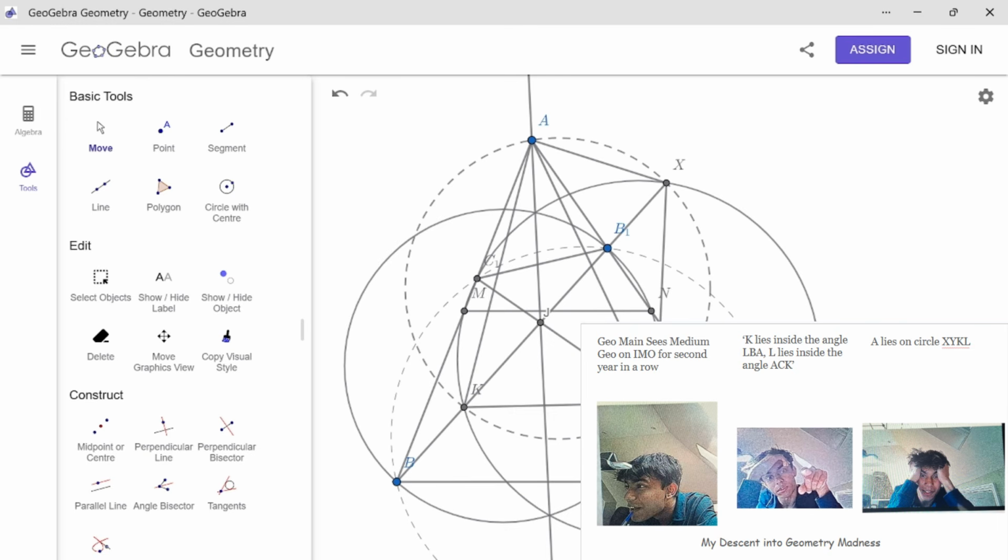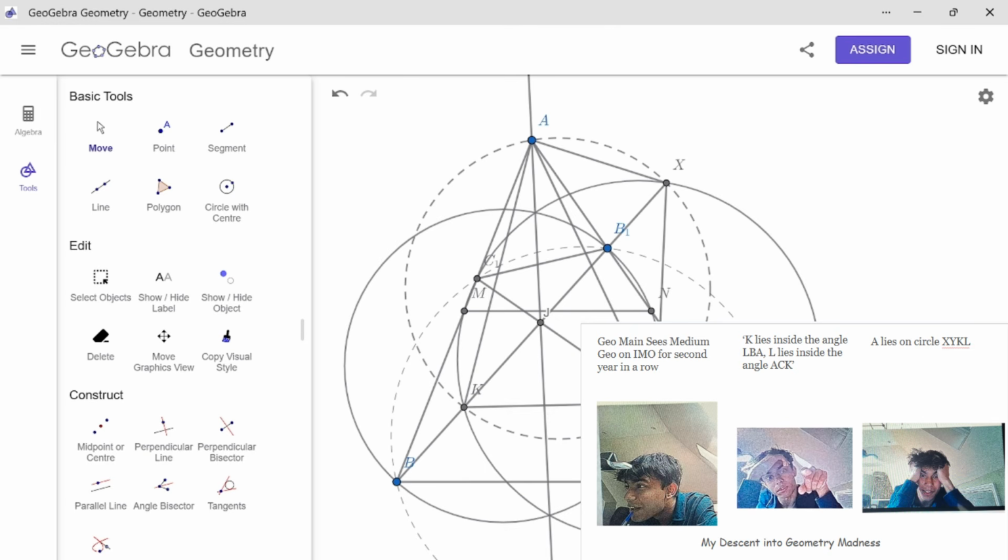Okay, wait, what do we know? Let's suppose we forget... can we show K is on the radical axis of it?